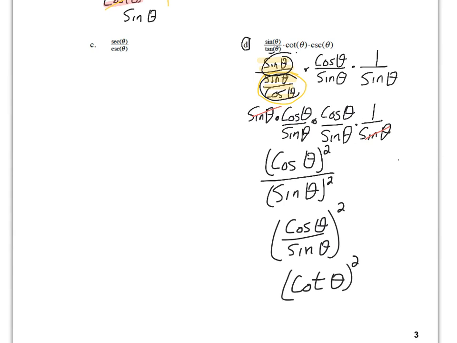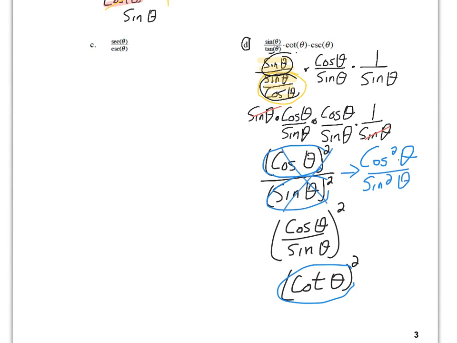Now, as mathematicians, we're kind of lazy at times, so we really don't write statements like cosine theta squared, sine of theta squared, or cotangent of theta squared. We actually write it like this. This would be written as the cosine squared theta divided by the sine squared theta.